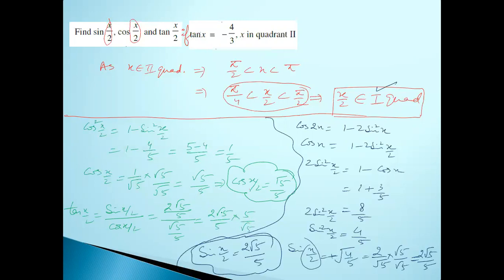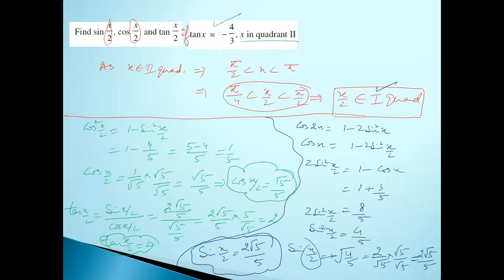So simply the square root of 5 cancels, and it will be 2 only. So tan x/2 equals 2.